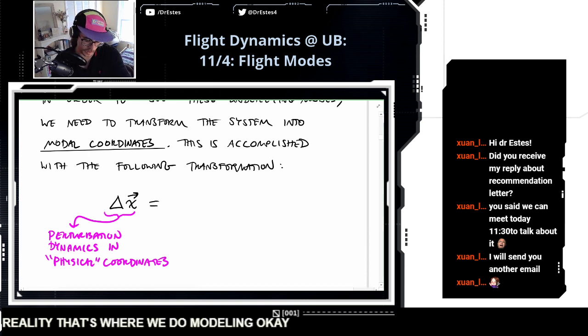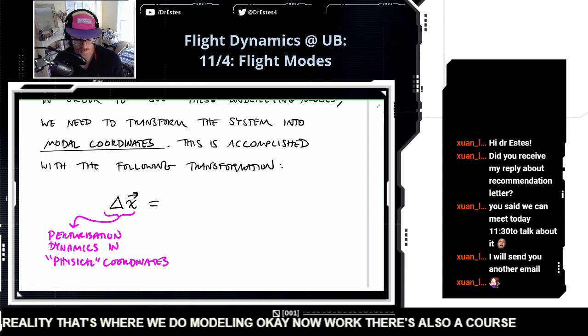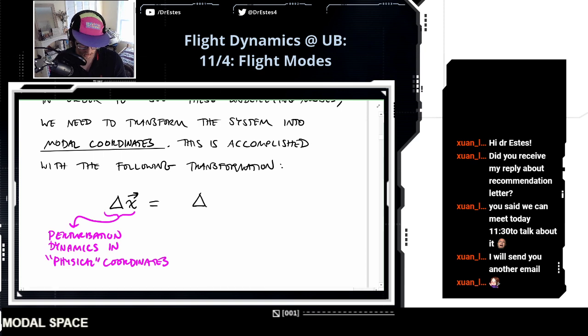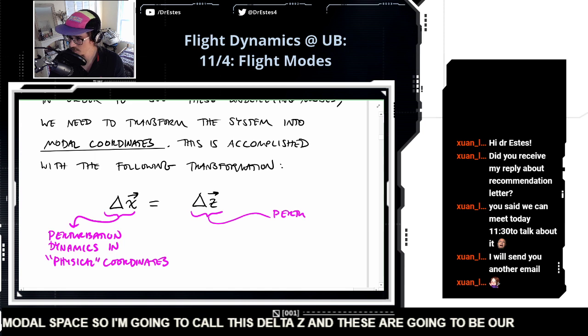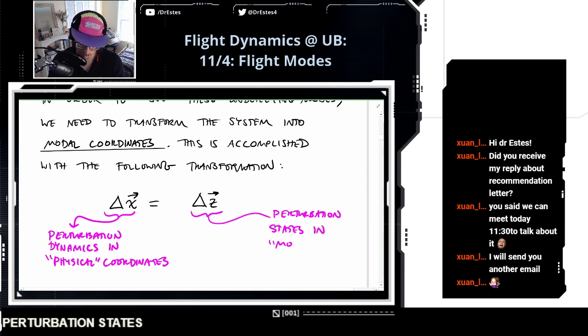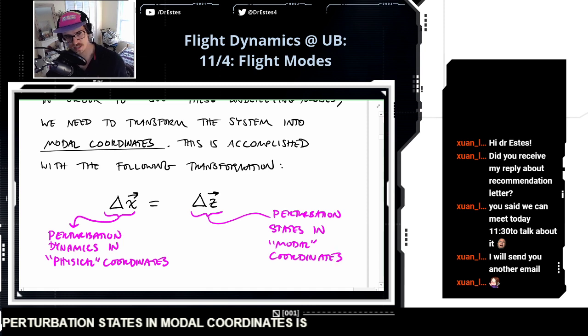Okay. Now, there's also a corresponding modal space. I'm going to call this delta z. And these are going to be our perturbation states in modal coordinates. This is where the modes exist. They're totally independent of each other.